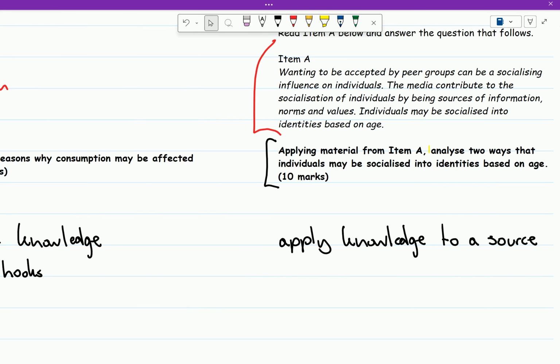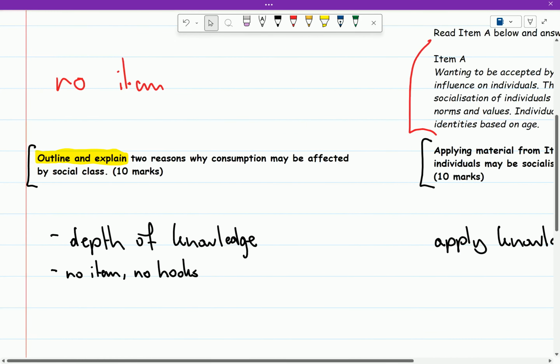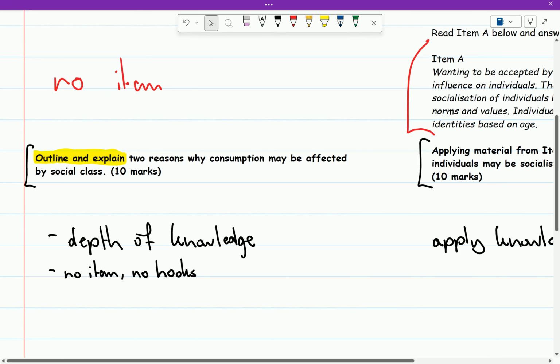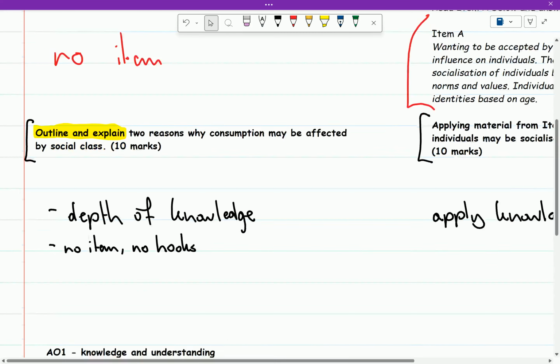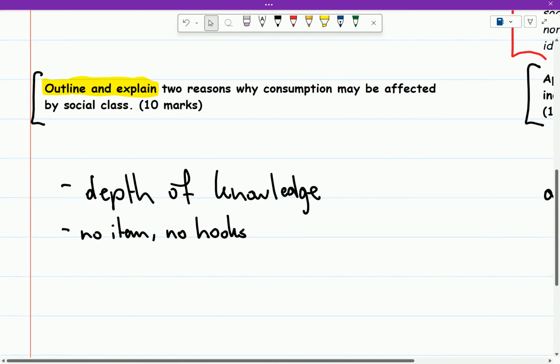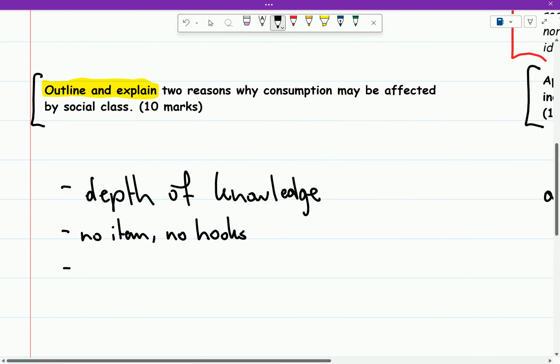You might read a certain bit in an item and think, I can talk about that because I can apply it to this theory or this concept I have. It provides a little bit of guidance. Whereas with this question, the only guidance you've got is what's in your head. So if you don't have the knowledge, there's nothing you can read that can prompt you to consider a different point. So there's less guidance.